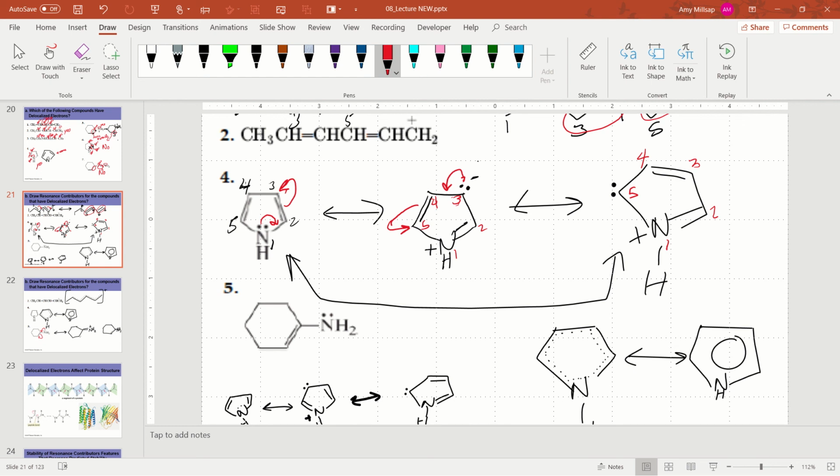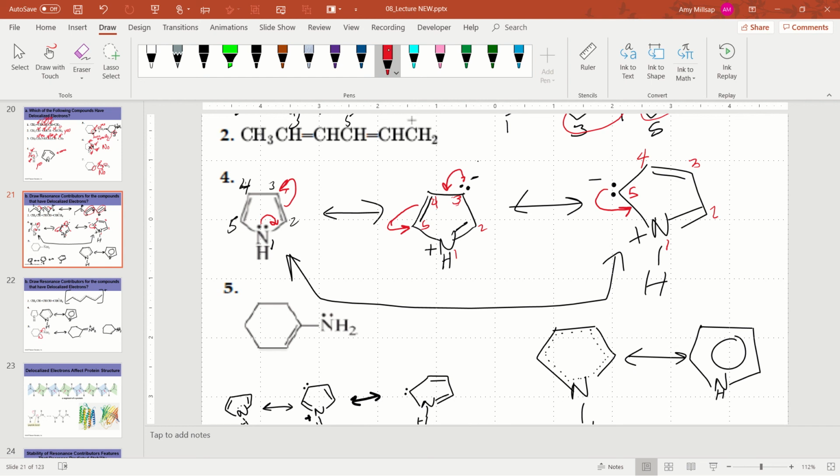So let me show you this. If I take the lone pair at carbon 5, and it should have a negative charge when it has a lone pair, and I move it to a pi bond between 5 and nitrogen at 1, then I have to move the pi bond between the nitrogen at 1 and carbon 2.